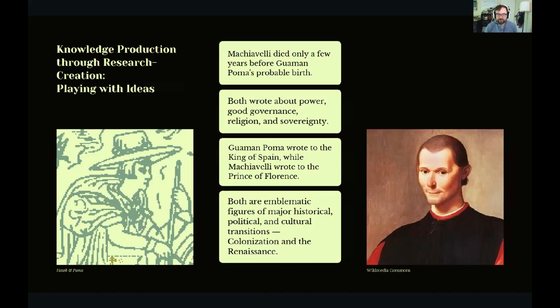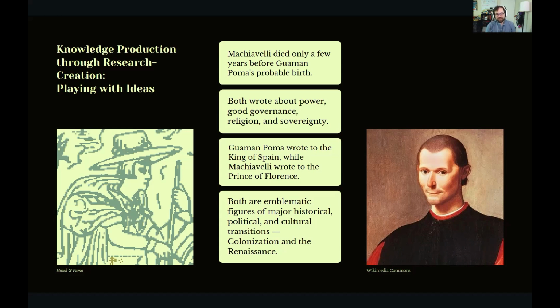And also, part of this research creation process is the research that goes into it. And here is where we have this particular and curious relationship that we may find between Guaman Poma and Niccolò Machiavelli.